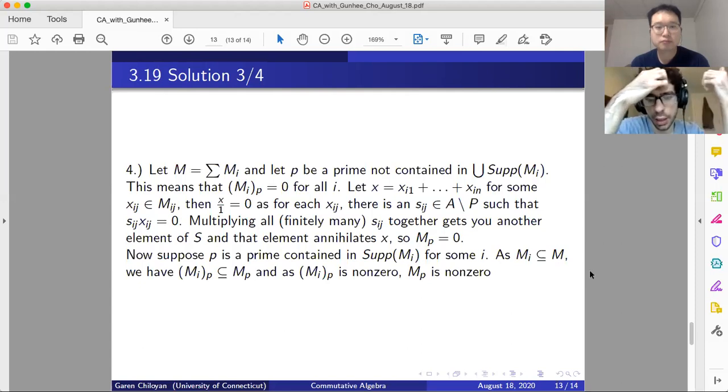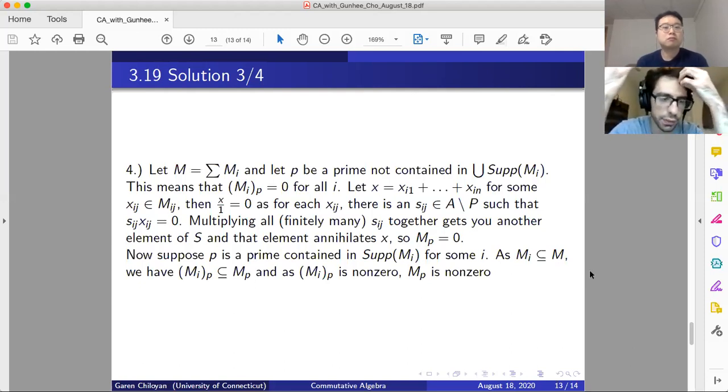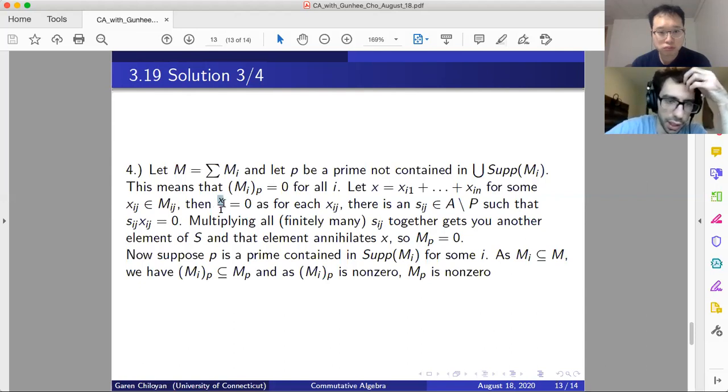So an element of M is of the form x sub i1 plus x sub i2 plus x sub i3, all the way up to x sub in, for some elements x sub ij in M sub ij. I don't know what they are. But that means x over 1, I made a mistake. This should be x sub ij. This should have an ij. x sub ij over 1 is 0.